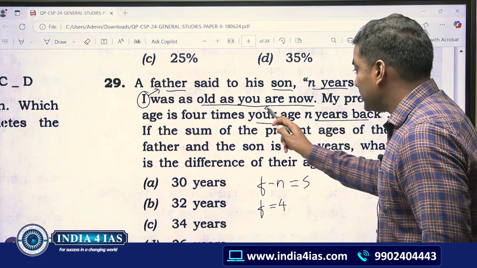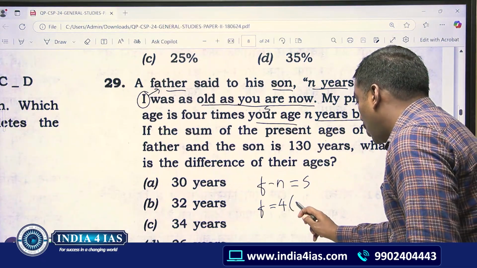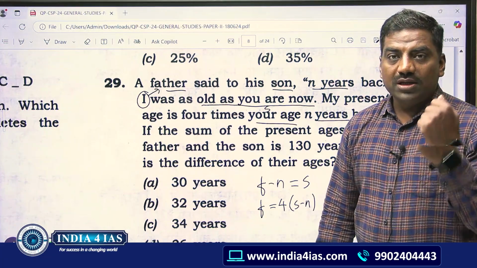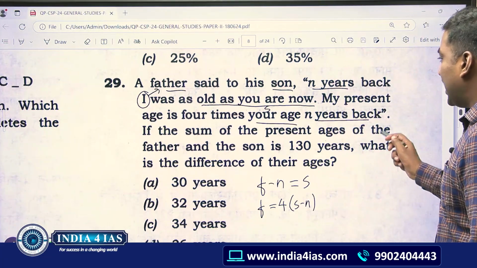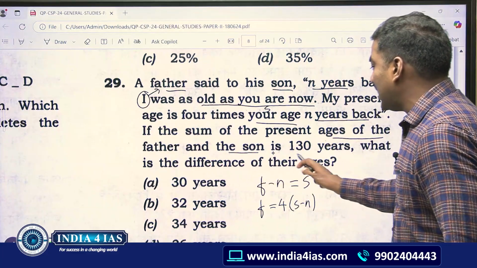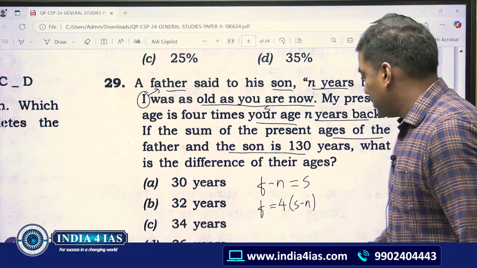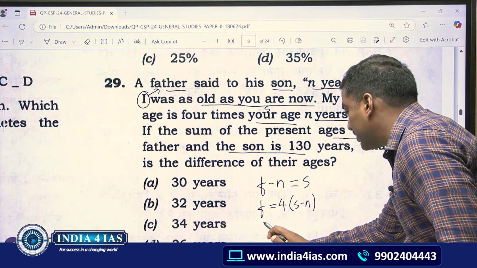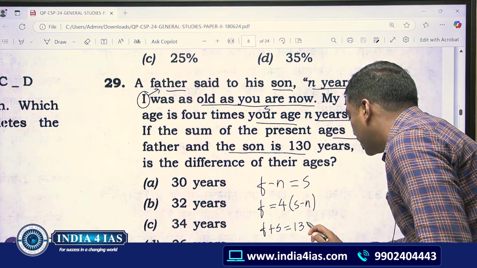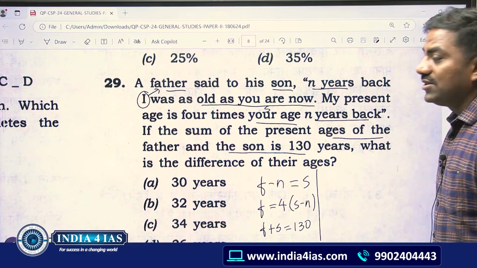The son's age n years back was s minus n. See, in this equation also we have three variables. Next, the sum of the present ages of the father and the son is 130 years. So here I get the third equation: father's age plus son's age is equal to 130.